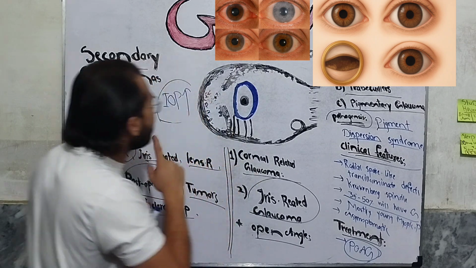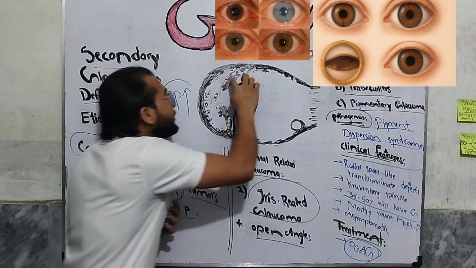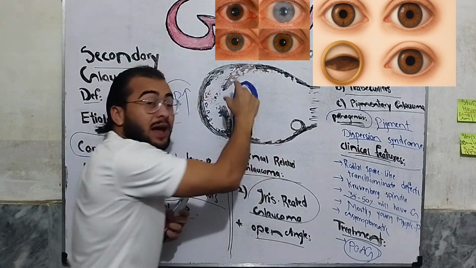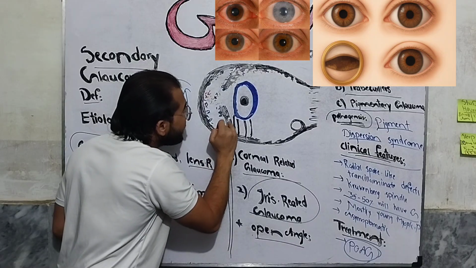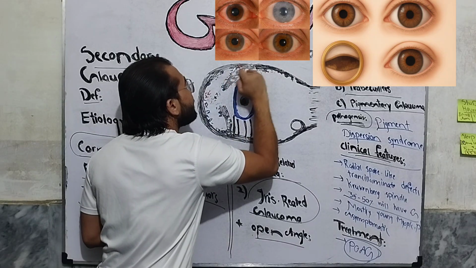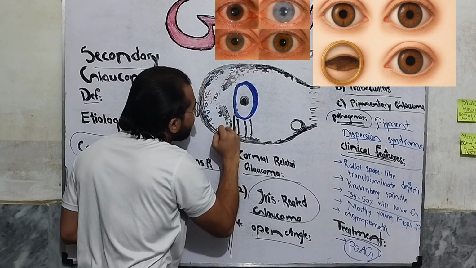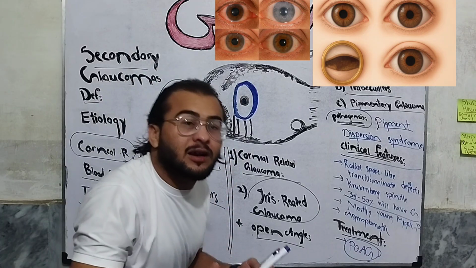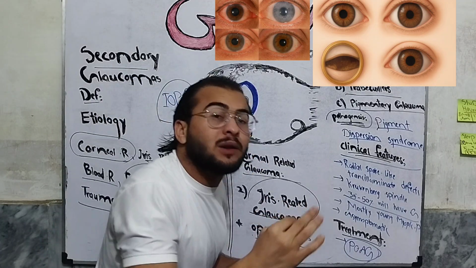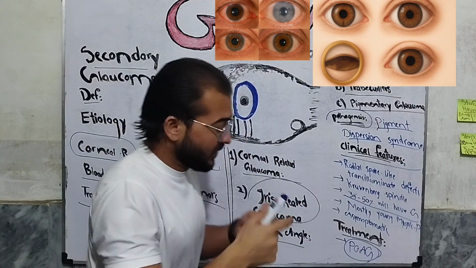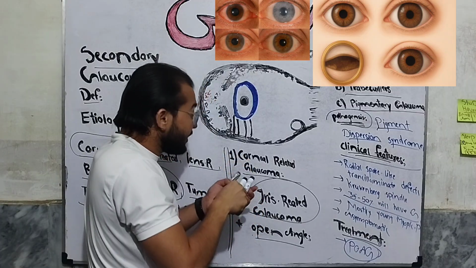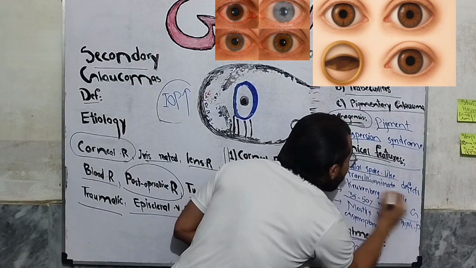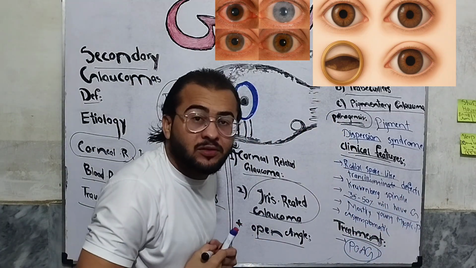As the pigment is released from the iris, there will be defects in the peripheral iris. These defects are called radial spoke-like trans-illumination defects.